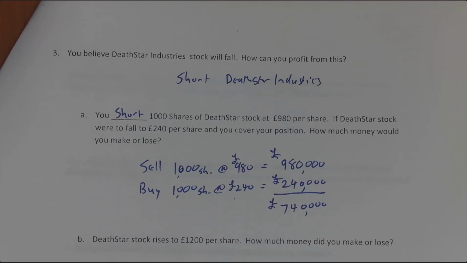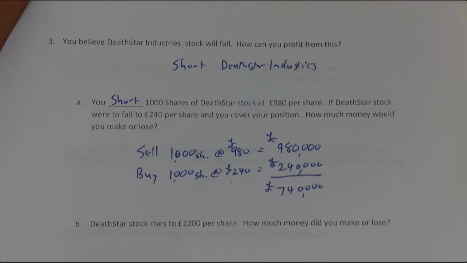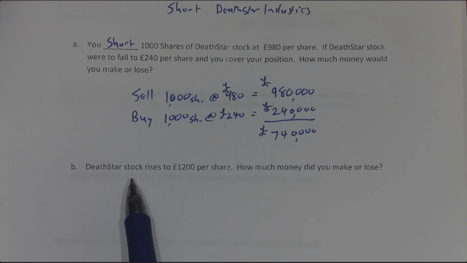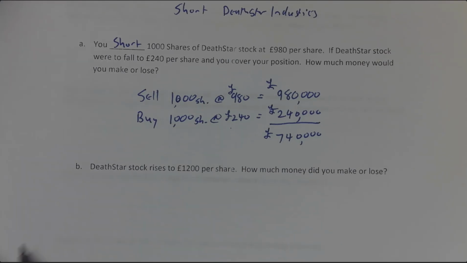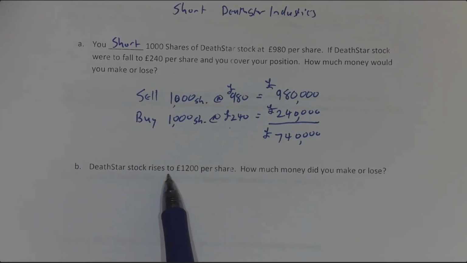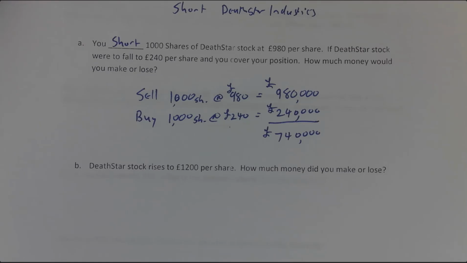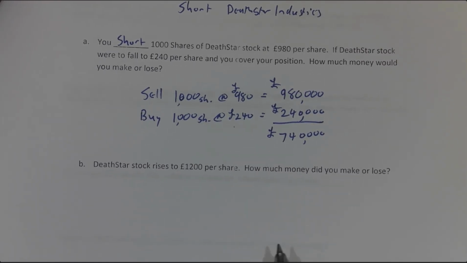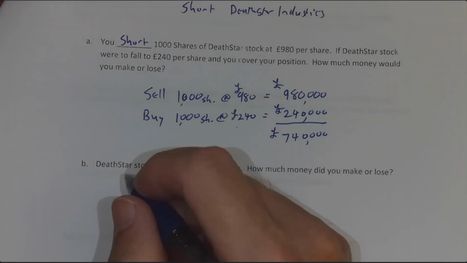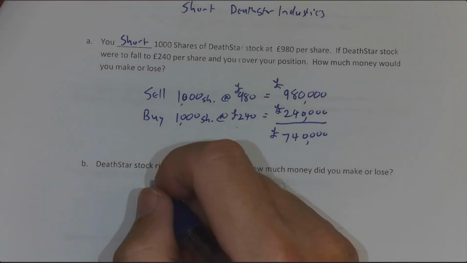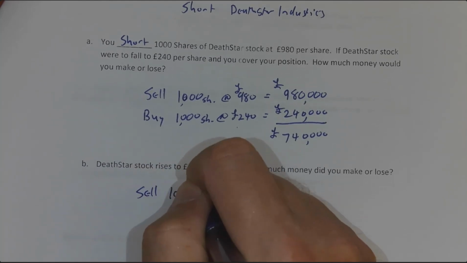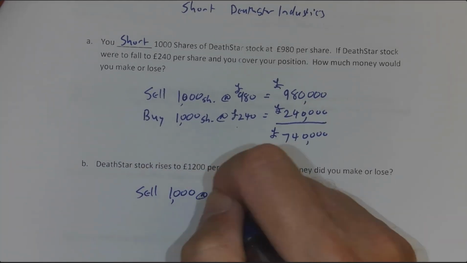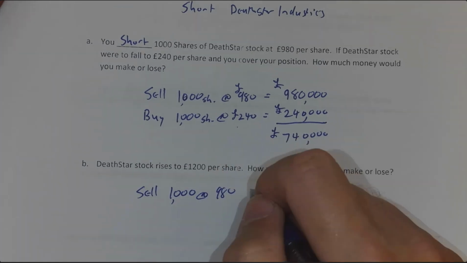But what if the stock goes the other way? We shorted 1,000 shares at 980, and then Death Star stock starts rising and it's up to 1,200 per share. How much money do we make or lose here? Again, we borrowed shares of stock, and we sold the 1,000 shares at 980.